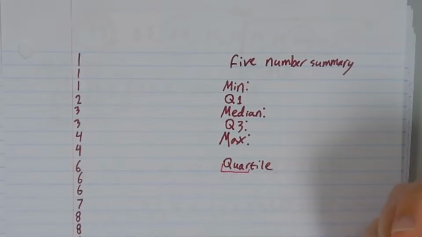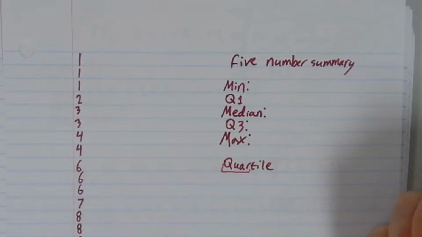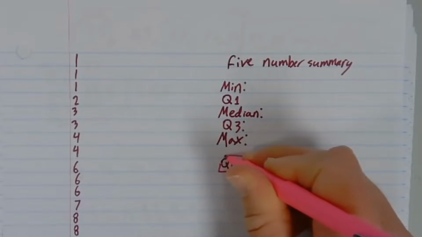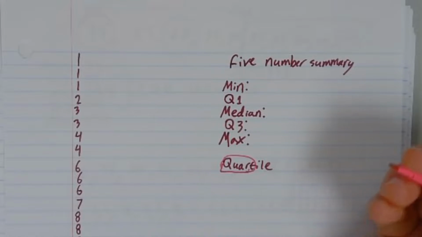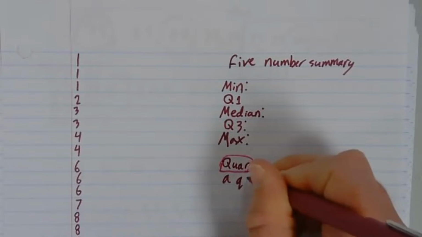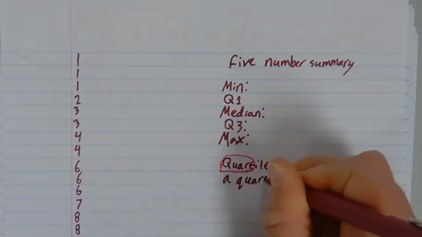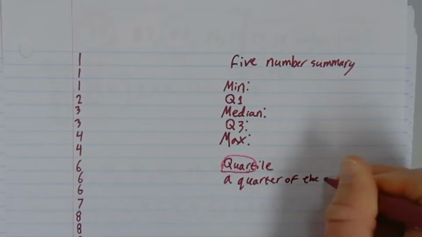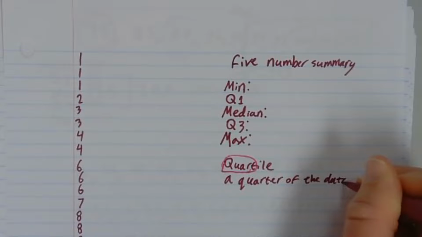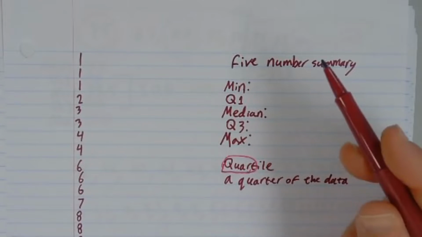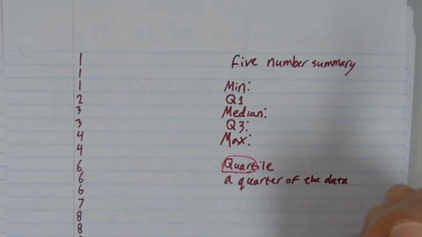Just like a quart is a quarter of a gallon, or a quarter is a quarter of a dollar, a quartile is a quarter of the data. So just like the median would cut the data in half, quartiles cut it into 4 pieces.